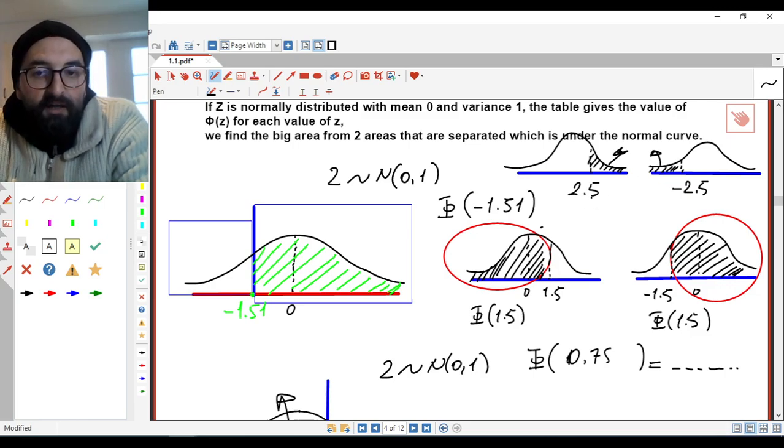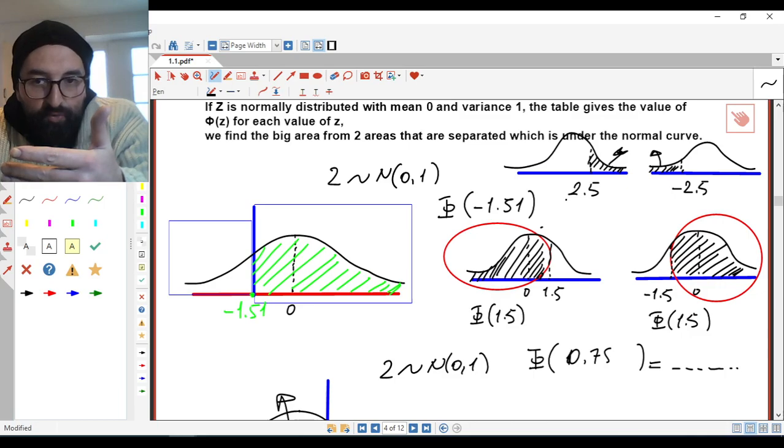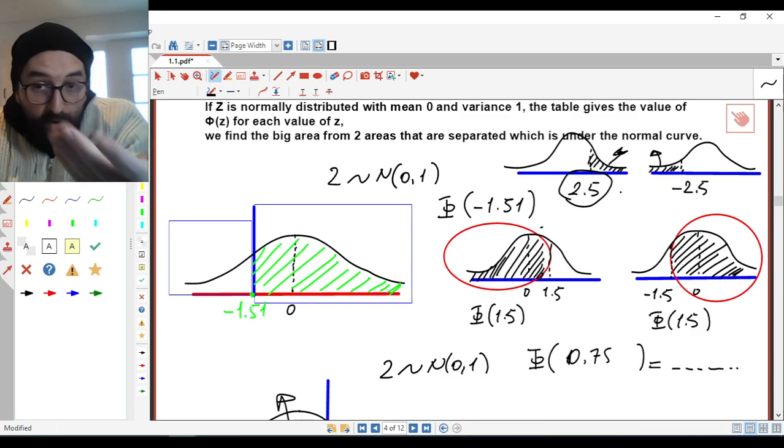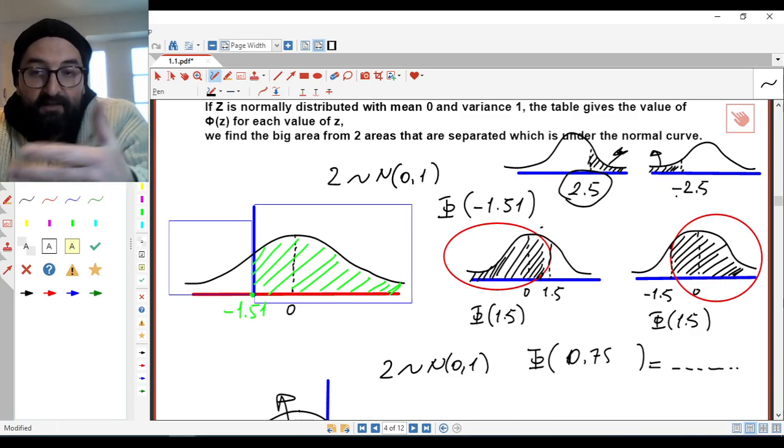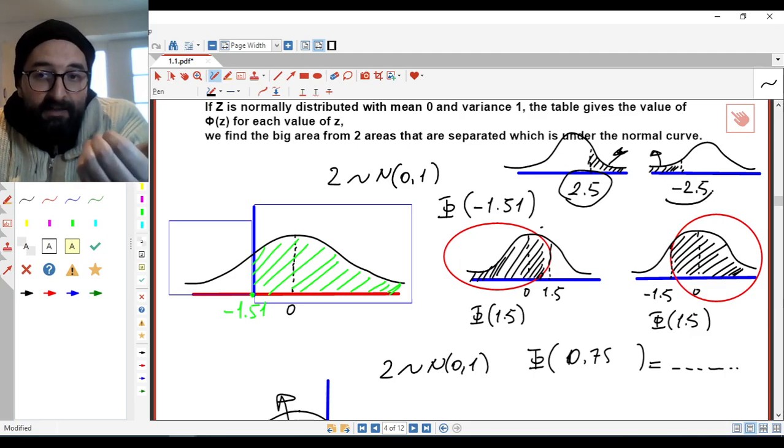So when you find the probability of more than 2.5 and also less than negative 2.5, you have to use phi of 2.5, because this is a symmetrical curve.